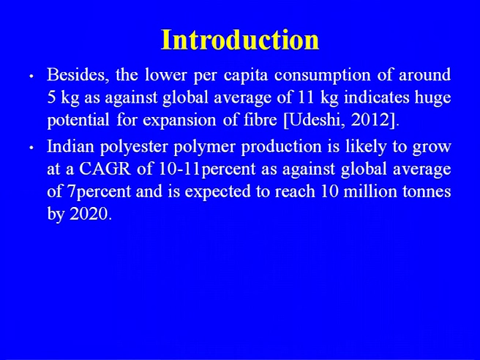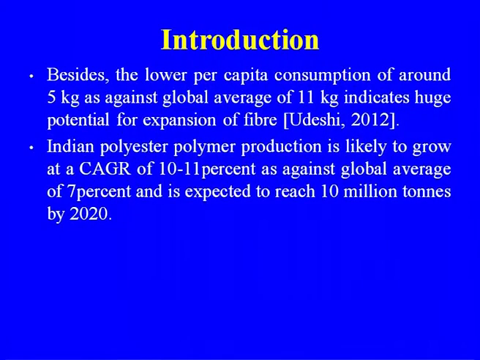Besides, the per capita consumption of polyester in India is around 5 kg as against the global average of 11 kg, and that indicates there is huge potential for the expansion of the polyester industry in India. This is the reason a number of large units have come up which are making polyester as well as PET resin.